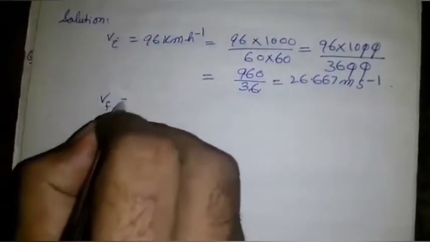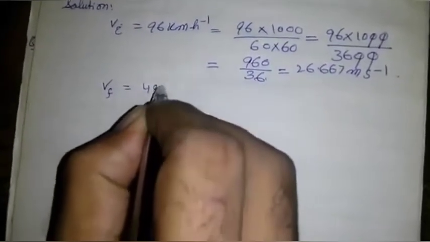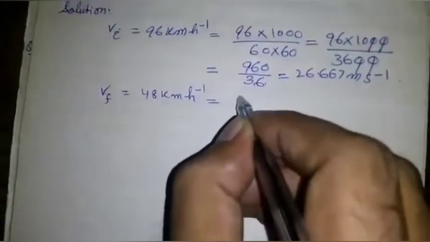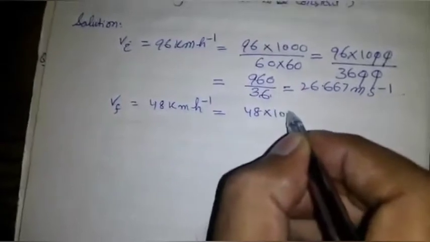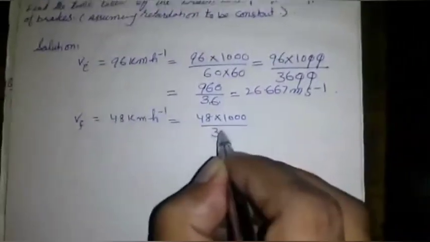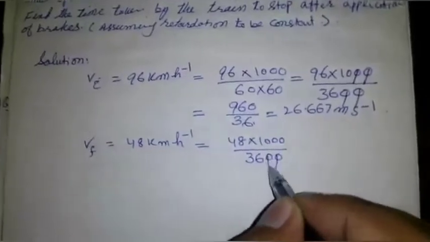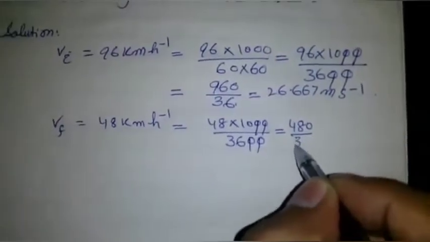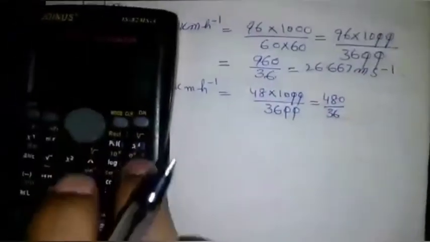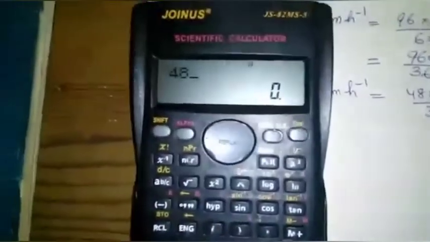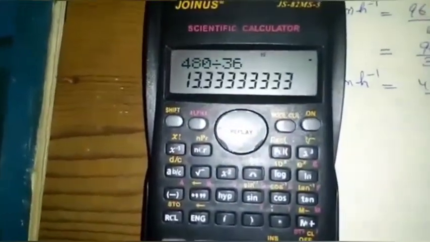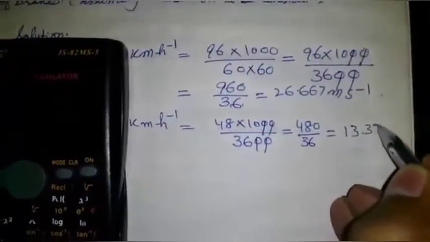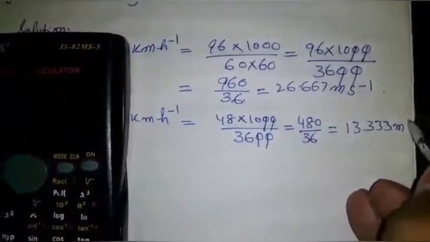Now its speed reduced to 48 km per hour. Its final speed is equal to 48 km per hour, which is equal to 48 into 1000 over 3600, and we simplify it again, it becomes 480 over 36. 480 divided by 36 is equal to 13.333 meter per second.